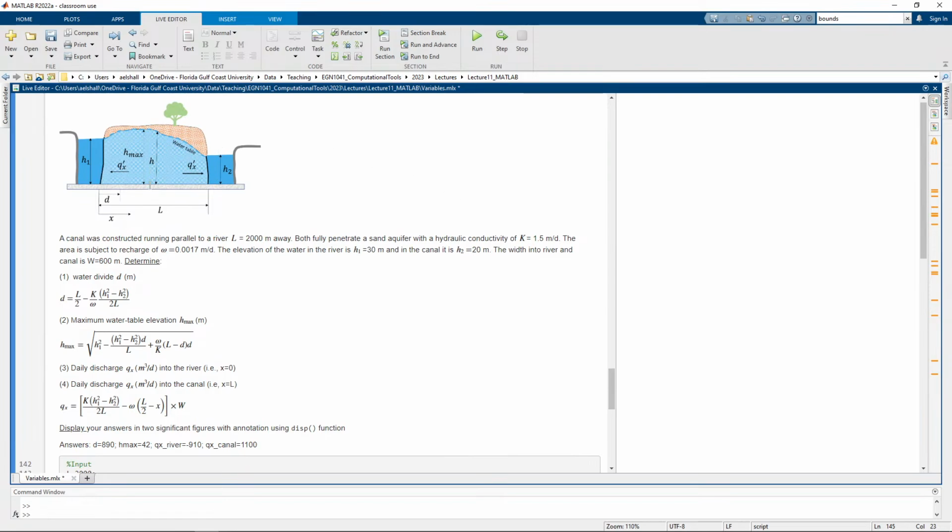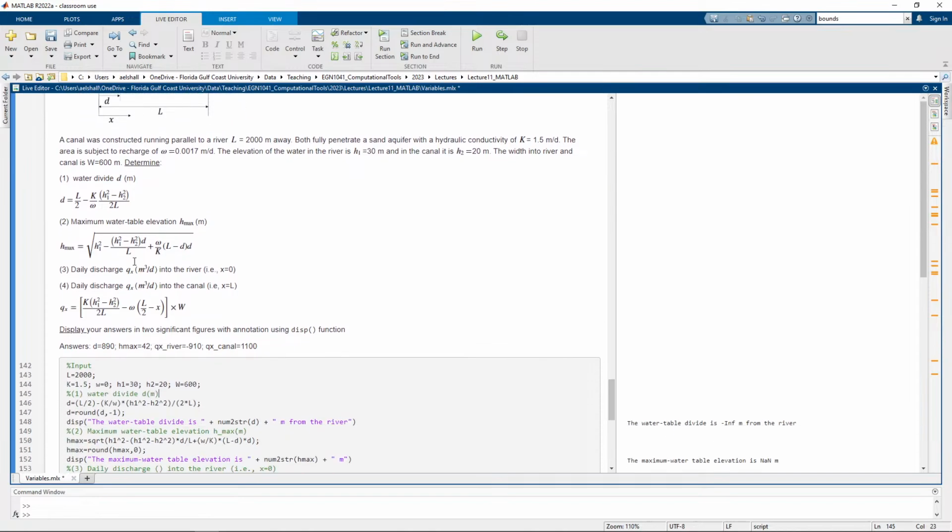This water table divide will not exist, and water will just flow from H1, high energy, to H2, low energy. If you have a water table divide, water flows from the top to both sides, but with no recharge, water flows from left to right.